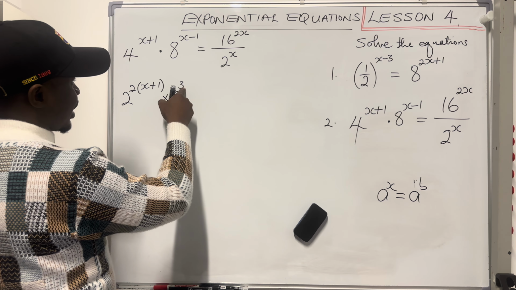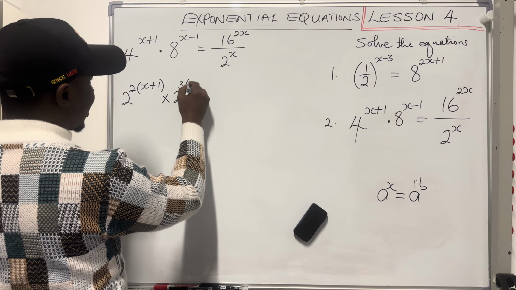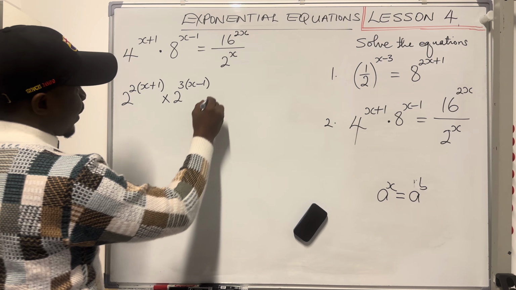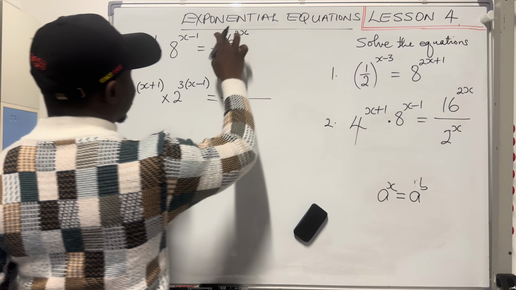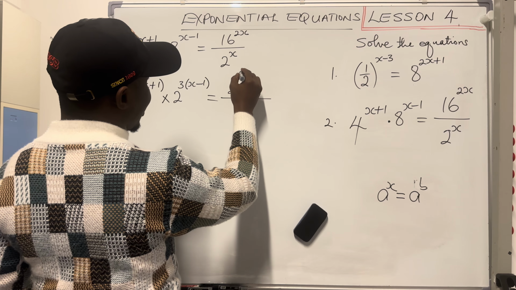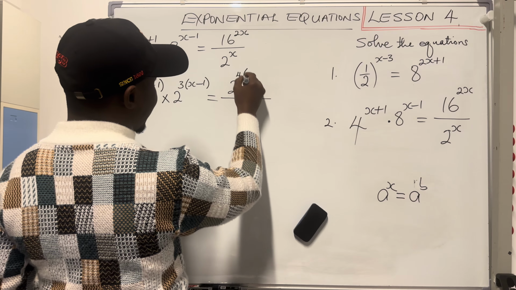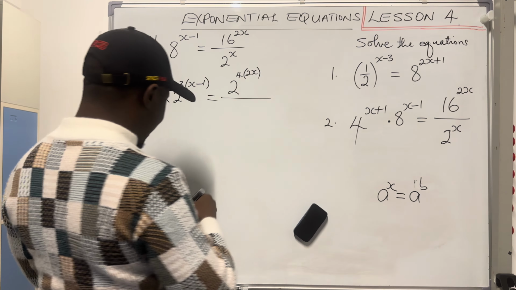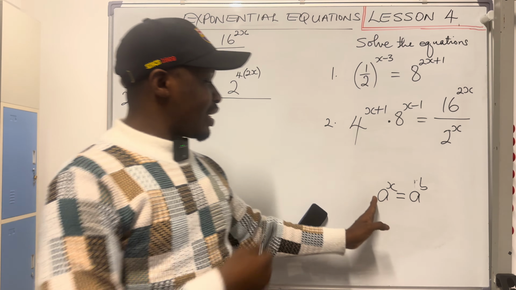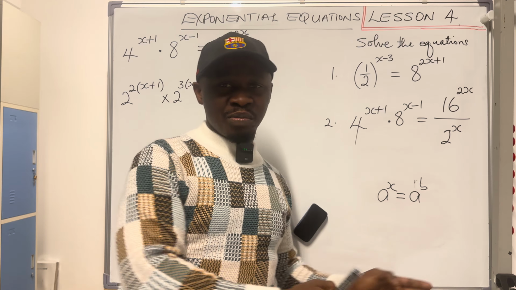The new power is 3. It multiplies the original power, which is x minus 1. All right. 16 will give us 2 to the power 4. The new power here multiplies the original power. We always aim at having one base equal to one base.